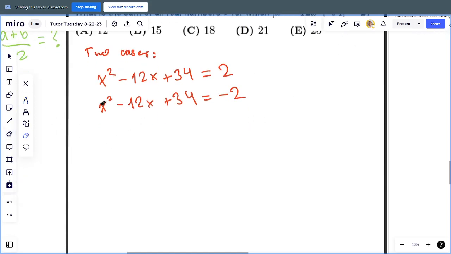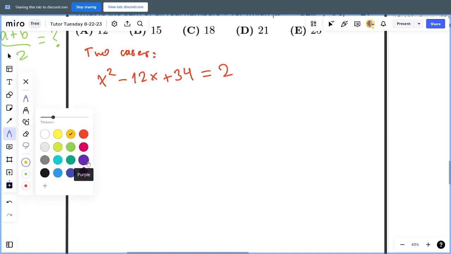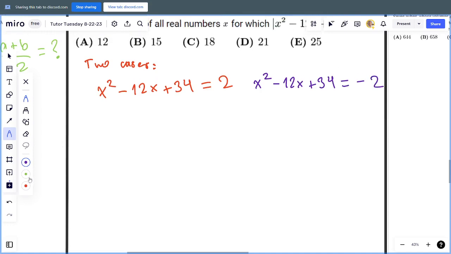And actually I can even write this in a different color on the side here. Let me do a nice purple: x squared minus 12x plus 34 equals negative 2. Let's start with case 1, the positive case.